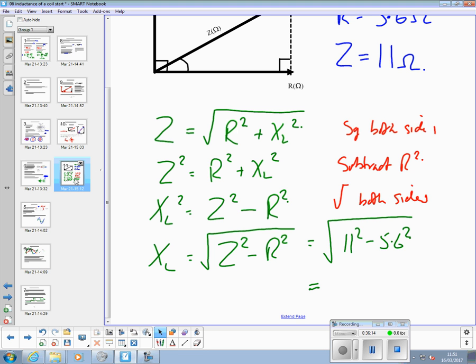That's the process of rearranging that. So what's the answer? 9.47, so 9.5 ohms. So we've got an XL equal to 9.5 ohms.